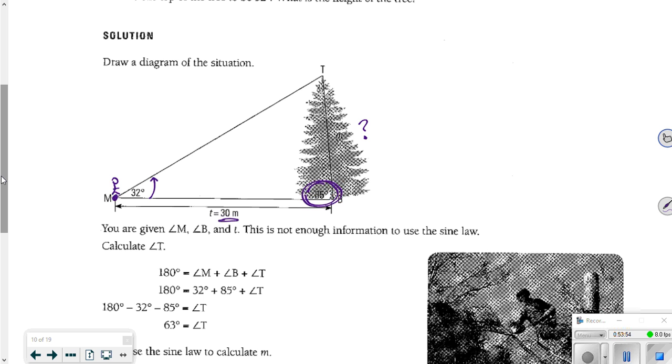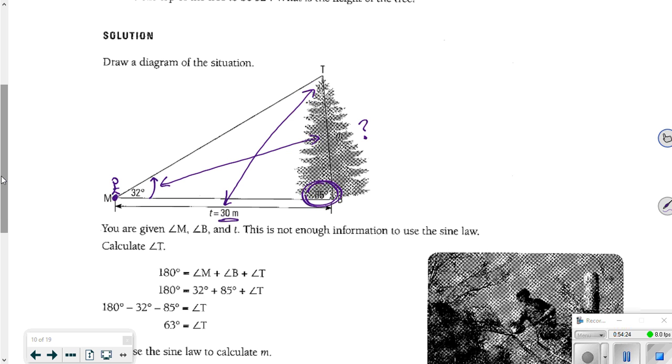And in order to use our sine law, we have to have a pair where we know both the angle and the side opposite to it. Right now, I know my angle across from the side that I'm trying to find, but the angle across from the 30 degrees, or across from the 30 meters, is this one up top. So in order to be able to use my sine law, I have to know that top angle.